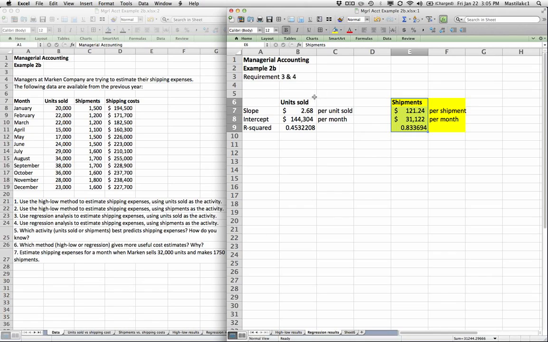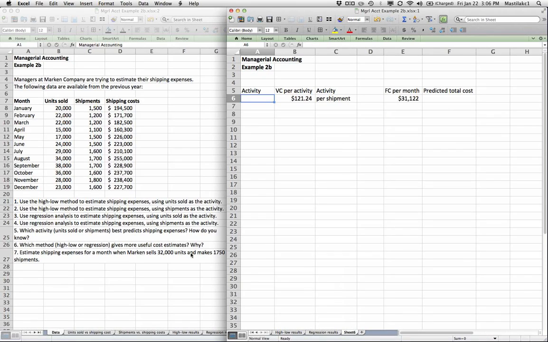That's not what we did. We used a simple single regression model. So the unit sold model should not include any data about shipments, and the shipments model should not include any data about units sold. It's only having to do with shipments. So since we have the number of shipments, we're going to ignore the units sold data. Our model is a model of cost based on shipments, not units sold.